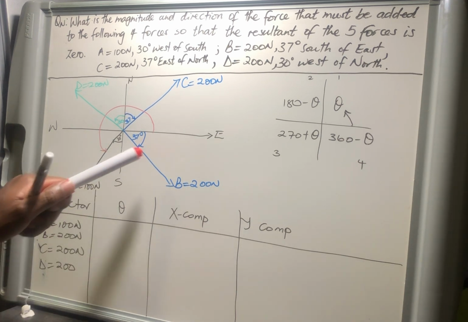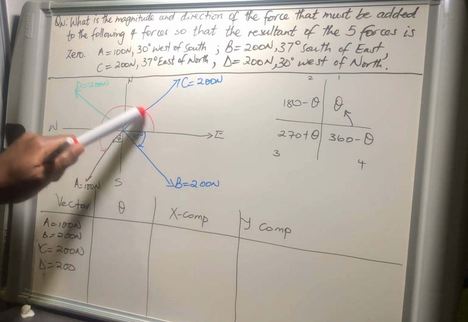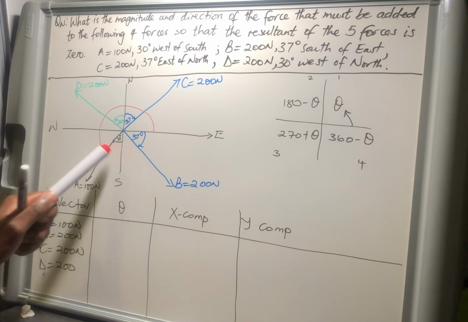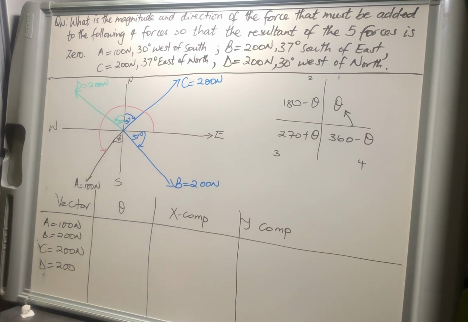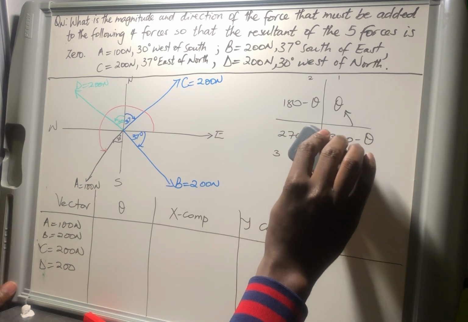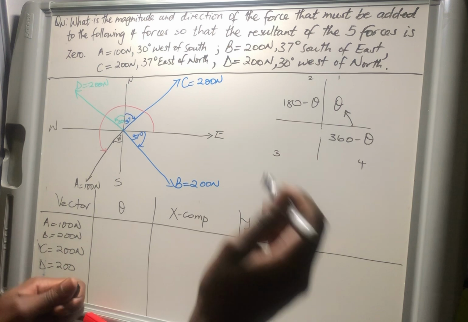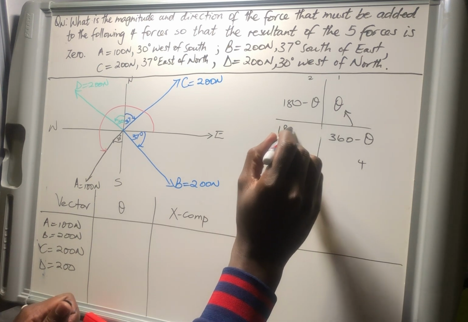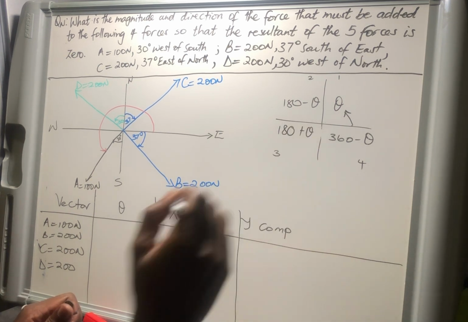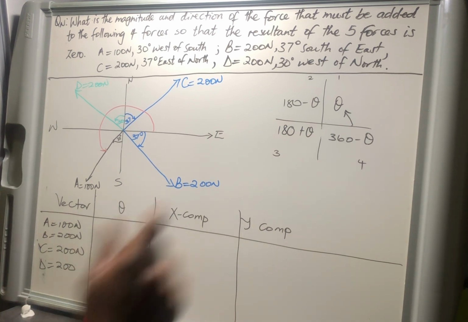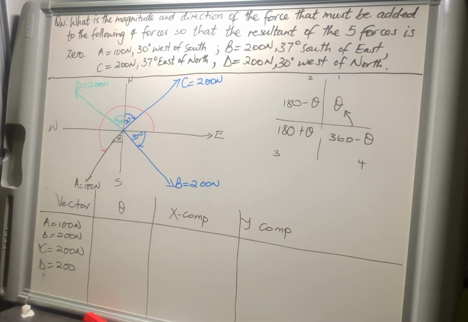The simplest way to get that angle is to just say 270 minus theta. Oh, sorry, I wrote something wrong here. I'm so sorry. This quadrant here, it's 180 plus theta. Sorry, I wrote something wrong.